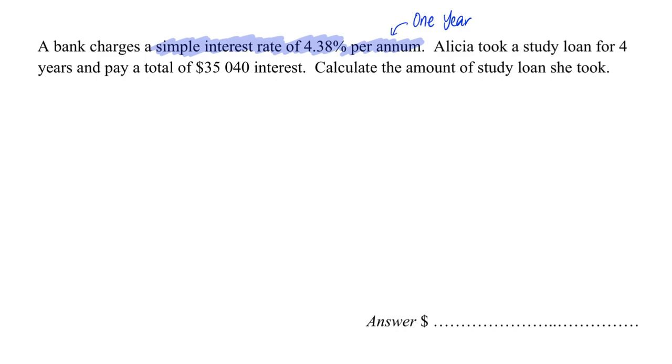So the next piece of information would be she actually took this loan for 4 years, and in these 4 years we actually accumulated a total of $35,040. So the very first thing I will want to take note is, since we are given an interest rate per annum, per year, I would then be very interested to know how much is the interest for a year.